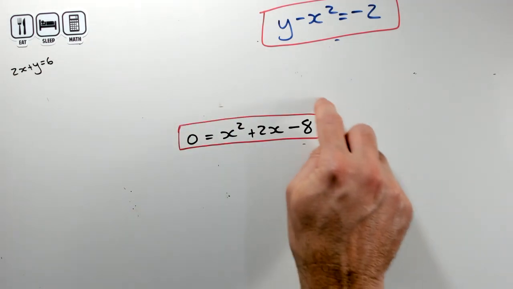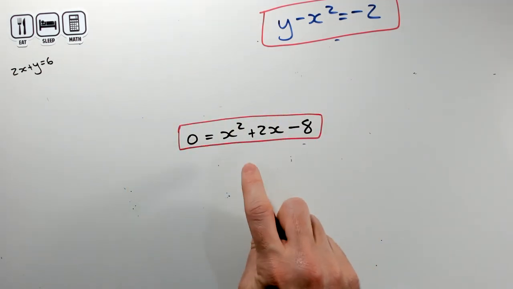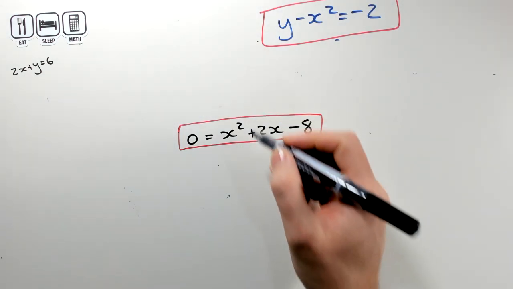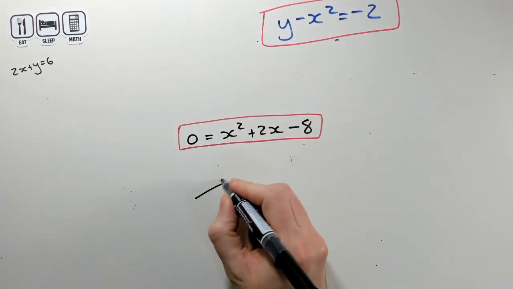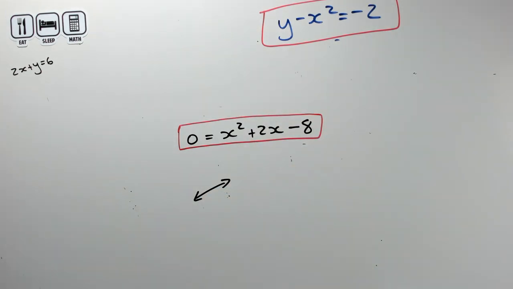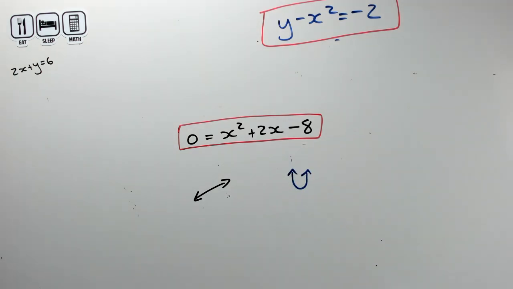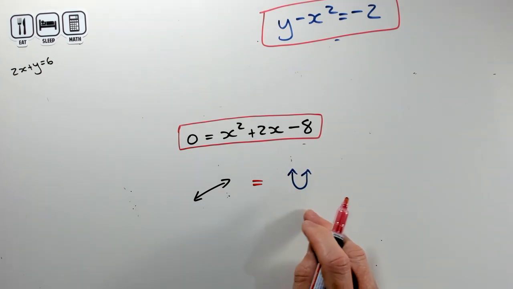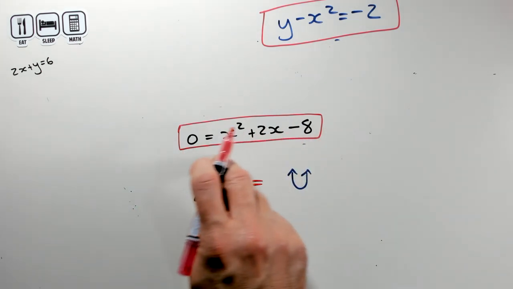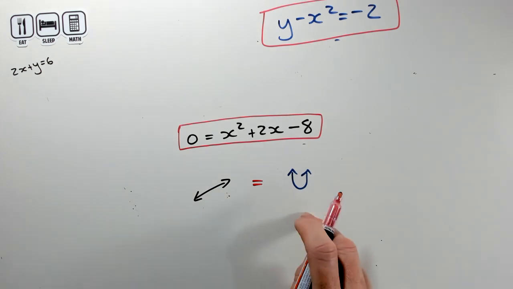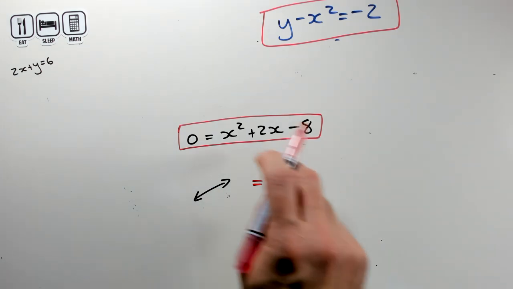So the question is, how did we get this equation? If you remember previously, we had a line and a curve, and we equated them to each other. But that became a quadratic equation, and in order to solve it, I had to put everything on one side.